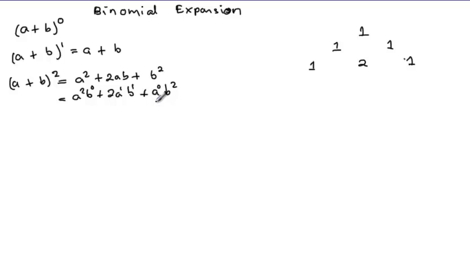Usually we just focus on a squared plus 2ab plus b squared, but we don't look at another pattern. If we consider a and b in every term, the powers of a and b in every term always add to 2. 0 plus 2 is 2. 1 plus 1 is 2. 0 plus 2 is 2. That's one beautiful thing there.